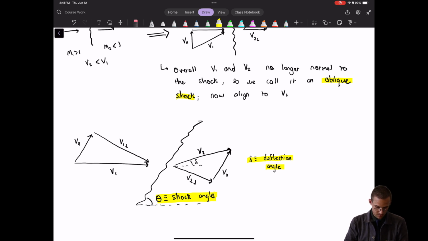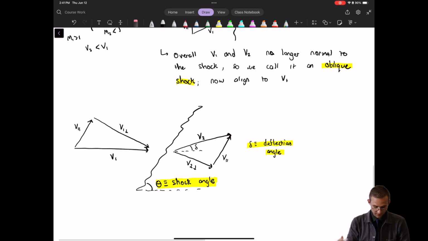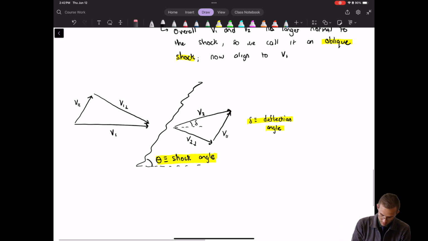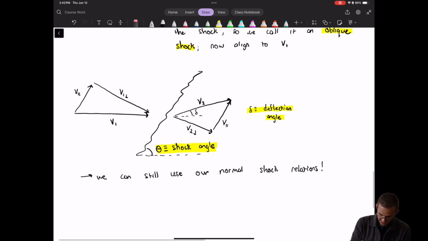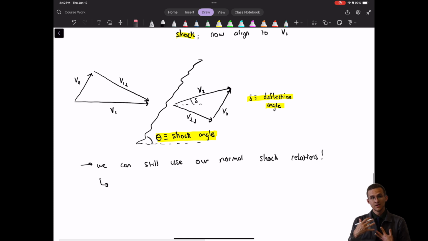So how do we analyze these? Well, first off, we can still use our normal shock relations, but we just have to focus on the perpendicular velocity component.